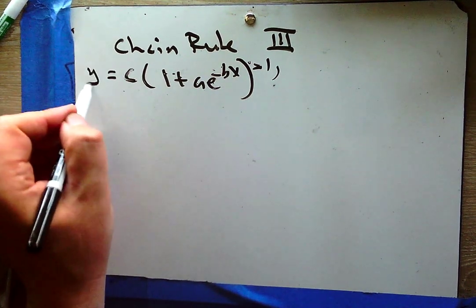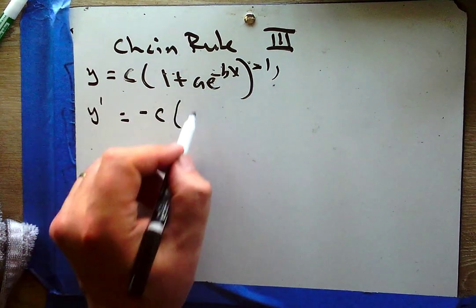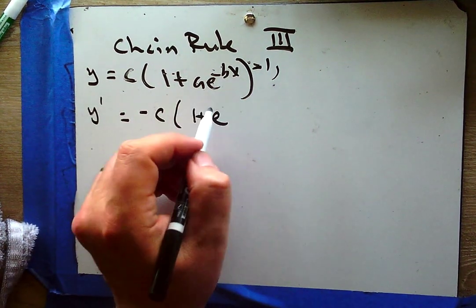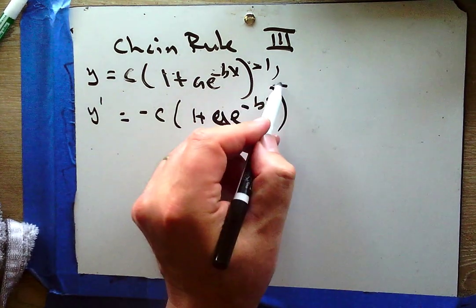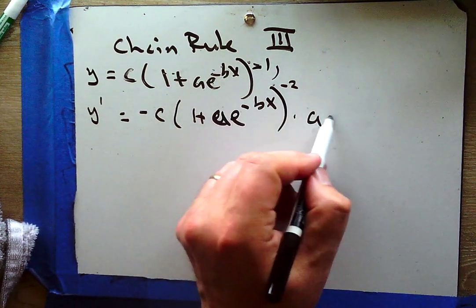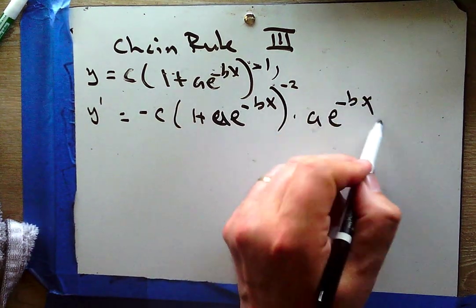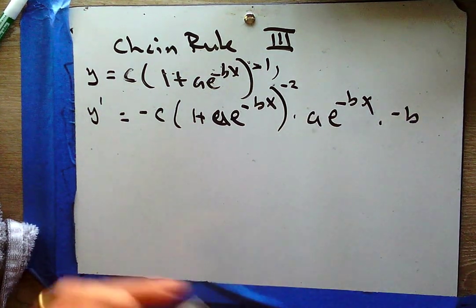That's unfortunate. Starting again, y prime equals negative (1 + a e^(-bx))^(-2) times the derivative of the inside, a e to the minus bx, times the derivative of the innermost.